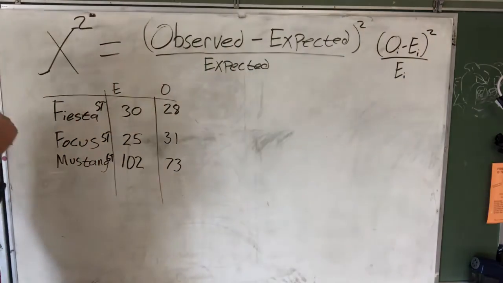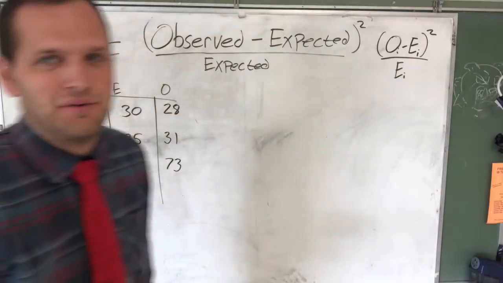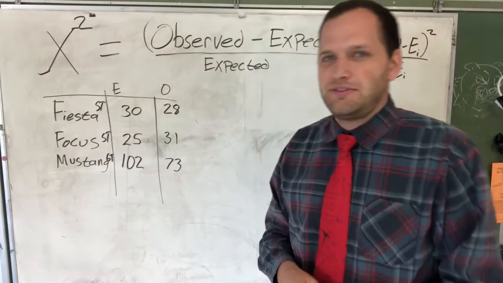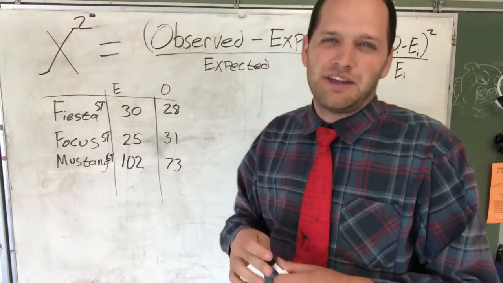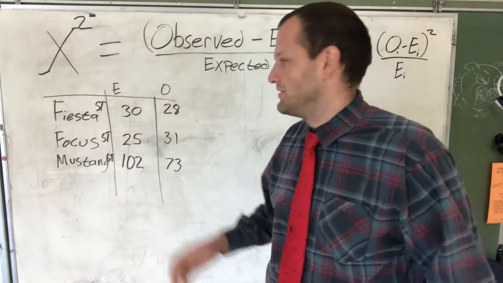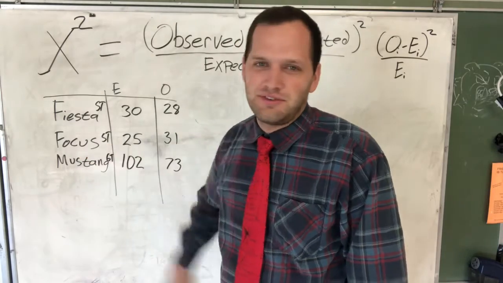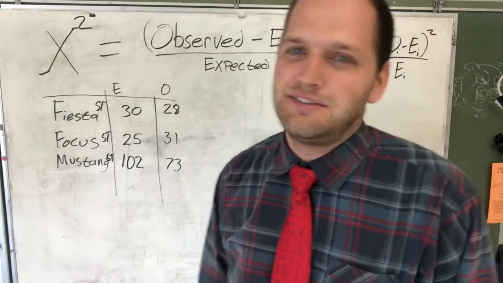So let's use an example. Let's say that there's a street race going on, and you're expecting a whole bunch of cool cars to show up. Out of the Fords, there are three types that you're expecting: some Mustangs, a couple of Focus STs, and a couple of Fiesta STs.